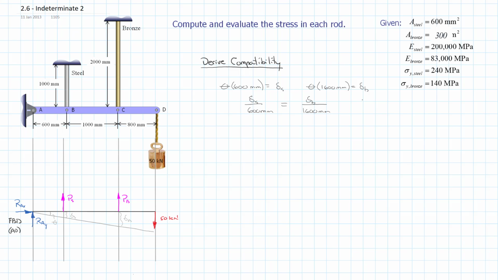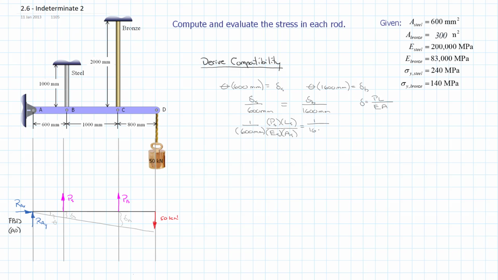Now recall, we also know that our axial deflection is equal to the internal force multiplied by the length over which it acts, divided by the modulus of the material and the cross-sectional area of the material. So we can substitute that in both cases. We have 1 over 600 millimeters multiplied by the internal force in the steel rod times the length of the steel rod, divided by the modulus of steel and the area of the steel rod.